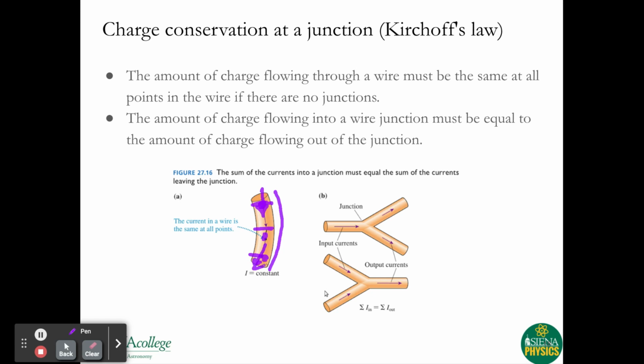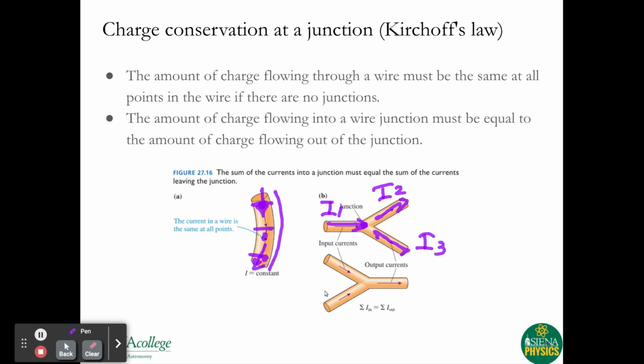Okay, and then similarly, if you have a junction, when we start doing circuits, we're going to have wires that split, and so we can have some current here. Let's say that's I1, and maybe I2 through that branch, and I3 through that one.